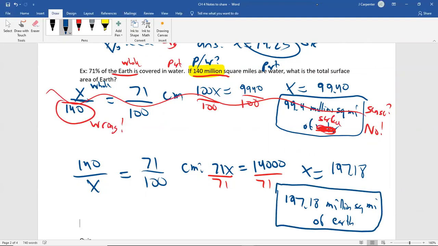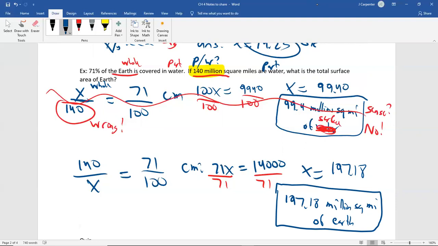That includes land and water. That makes sense because 140 million square miles is water, which means then that leaves about 60 million square miles of land. Also, if you know anything about Earth, Earth is 71% water, just like people are about 70% water.